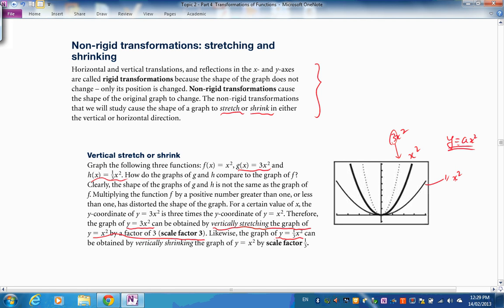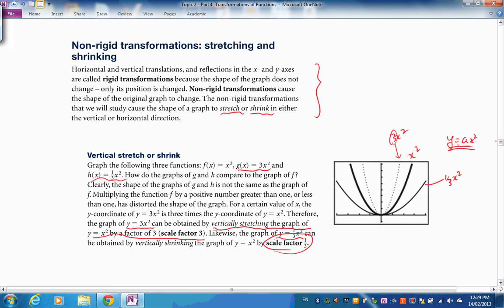A third x squared. Then what are you doing? You're shrinking the graph by a scale factor of a third. It's flattening, it's shrinking down, if you like. It's not as steep, not standing up as much. All right, so that's the idea, that's the language that we'll be using.